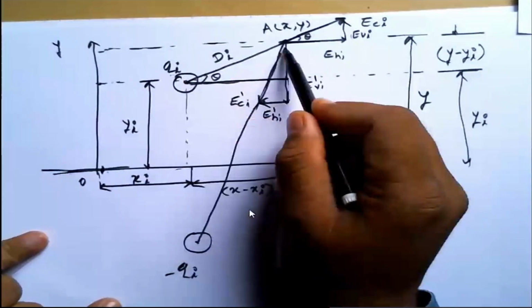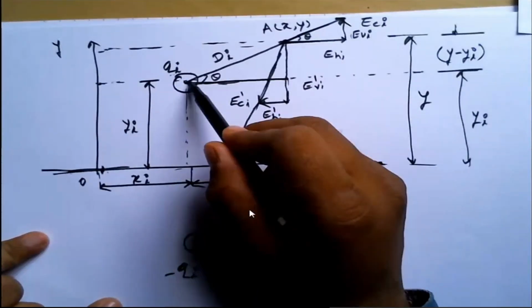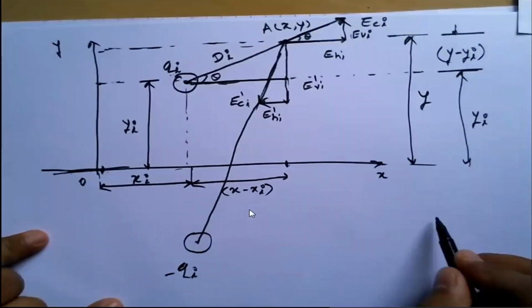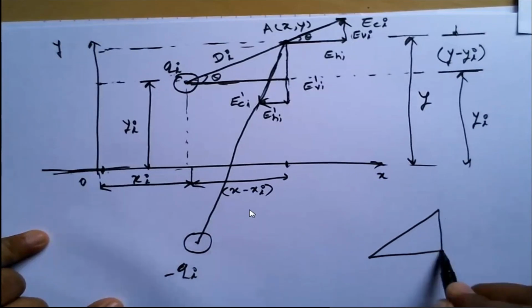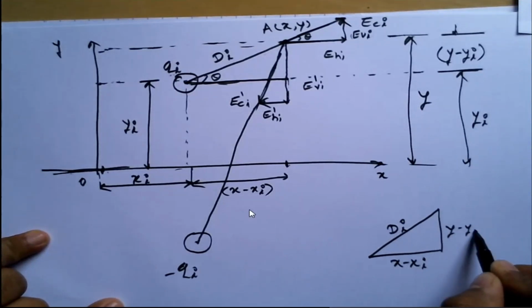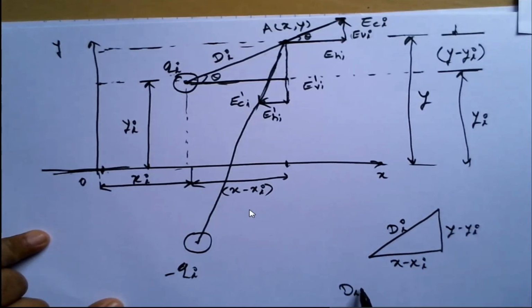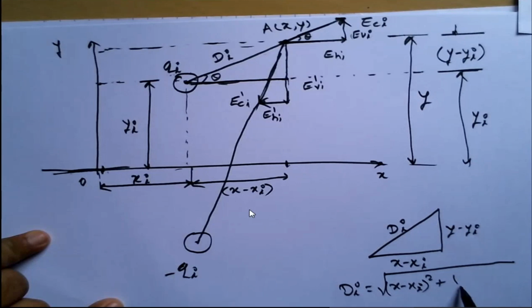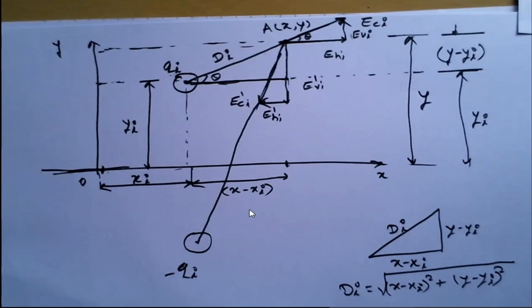So if I consider this triangle, I will redraw it, in which this is di, this is x minus xi, and this is y minus yi. di will be under root, x minus xi whole square plus y minus yi whole square. Is it okay? Do you understand?